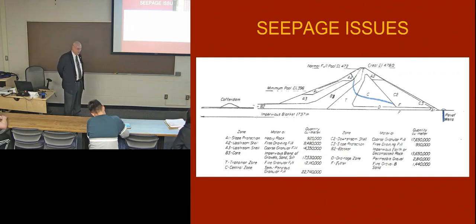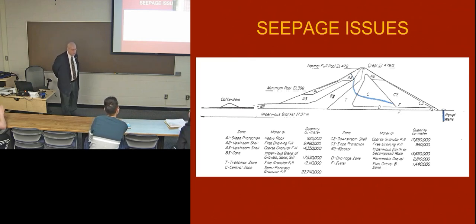Here in a little sharper detail is the cross section, and I'm using this as the starting point for seepage issues. In my experience, seepage in your basic soils course is taken maybe 30 minutes over the course, maybe not even that much.